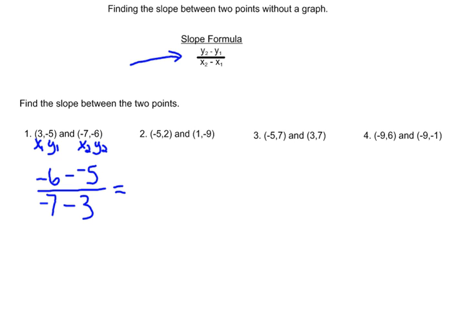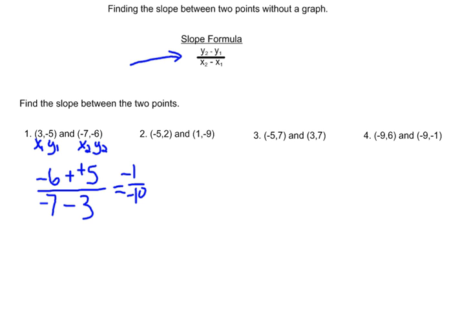Okay, so we're going to work this out, and once we work this out, we should have what our slope is. We have minus a negative on the top, so I'm going to turn that into plus a positive, and -6 plus 5 is -1. Then on the bottom, we have -7 minus 3, and because it's a -7 and a -3, we add those, and we keep the sign, and this is -10.